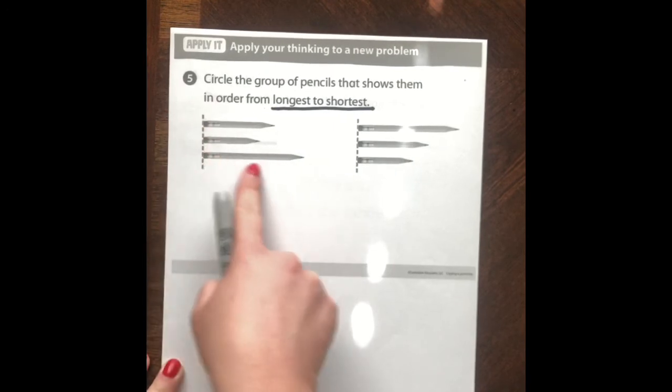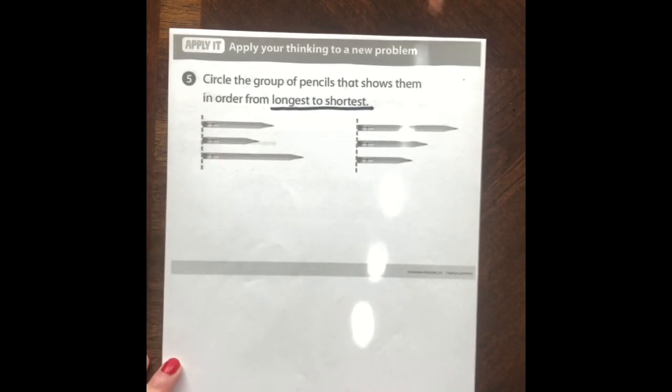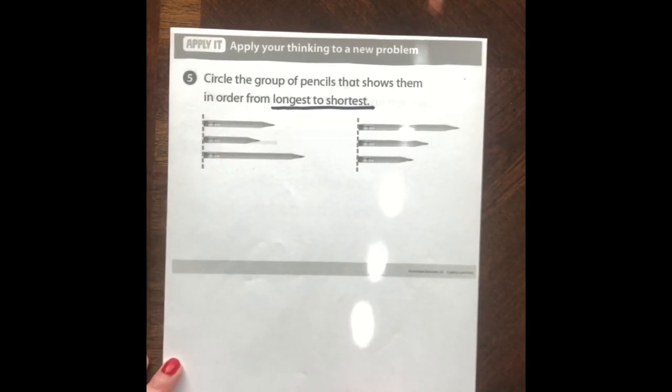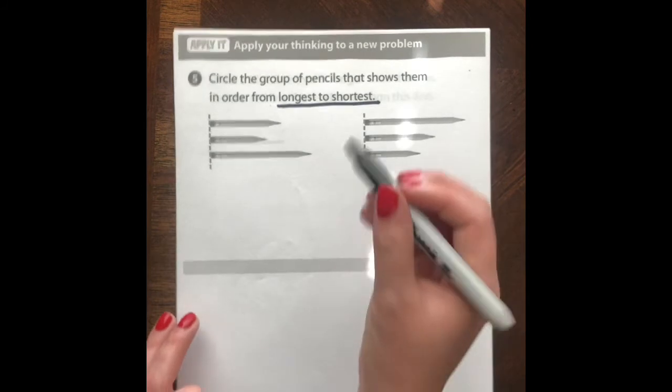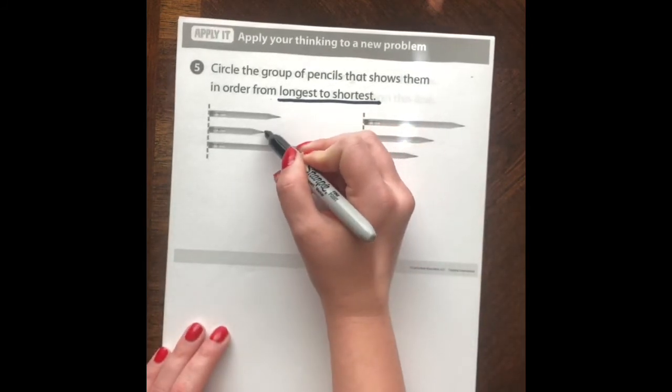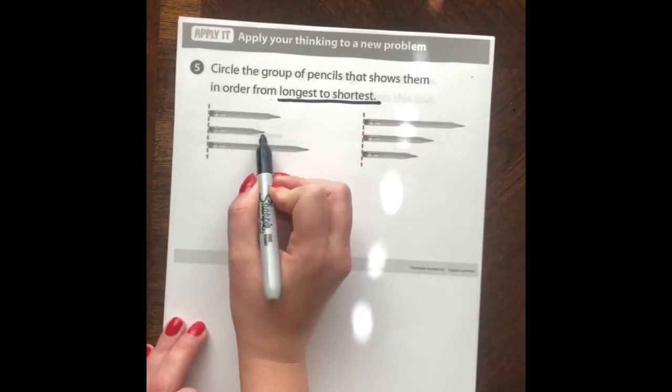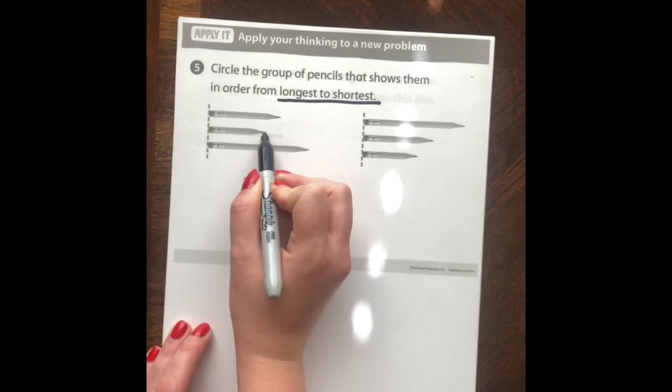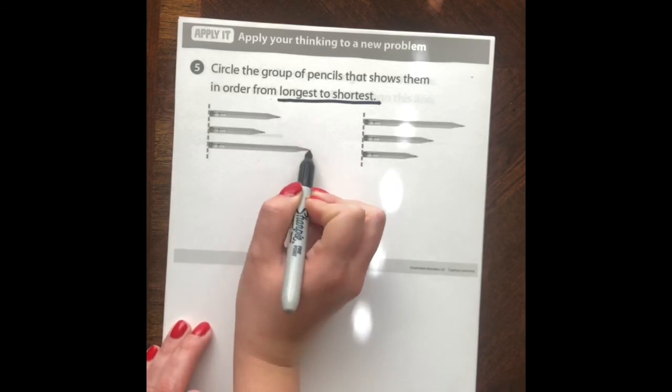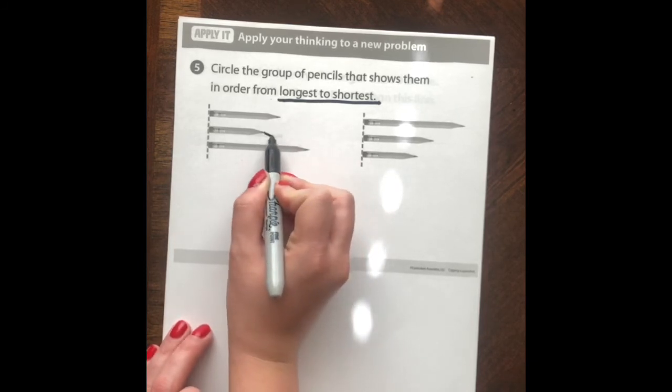So when looking at this first group of pencils here, are they in order from longest to shortest, or biggest to smallest? Well, we know that this pencil here in the middle is definitely not as long as this pencil down here.